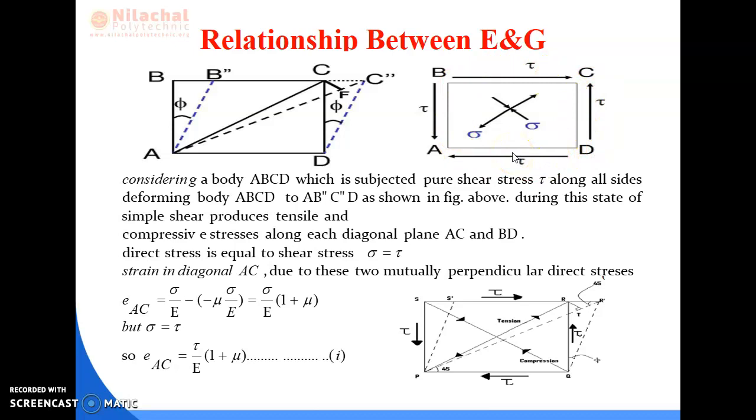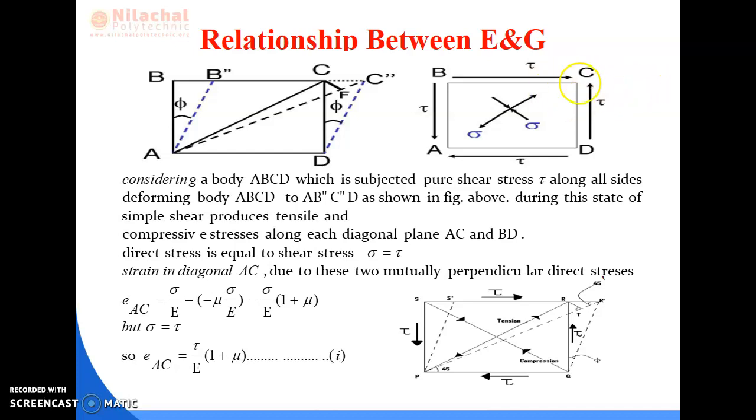That means there are two shear stresses which cause the body to rotate in the clockwise direction, and another pair of shear stresses which cause the body to rotate in the anti-clockwise direction. For the stationary condition of the body ABCD, the clockwise motion of the body should be restricted by the anti-clockwise motion of the body.